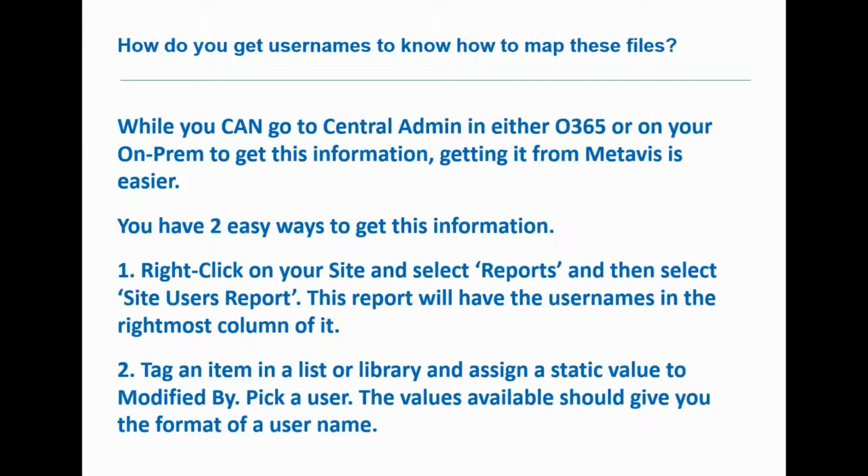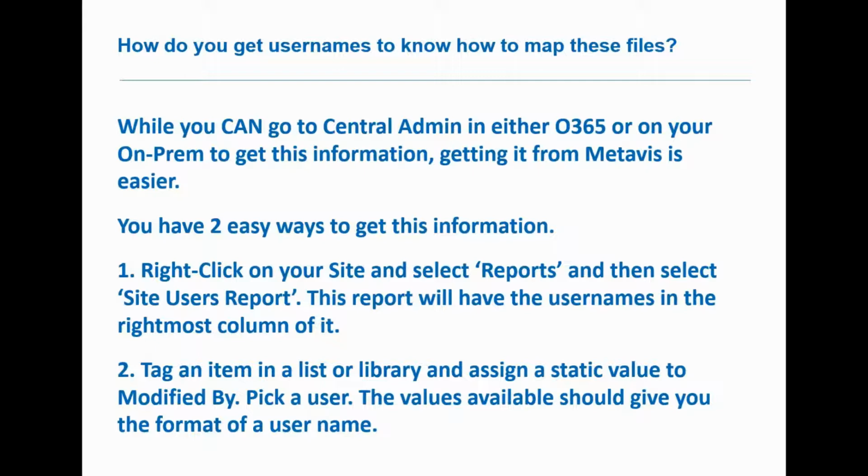So how do you get the usernames to put into these files? You can do this through SharePoint, but this is actually not as easy as some other methods to get them. In Metavis, you can right-click on your site and click Reports, and then select Site Users Report, and that's going to give you a CSV of the usernames that you can use to generate this mapping file.